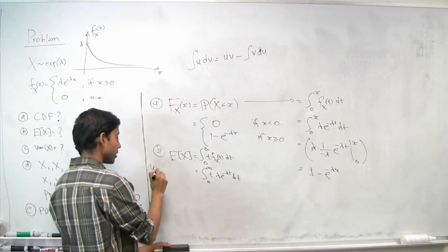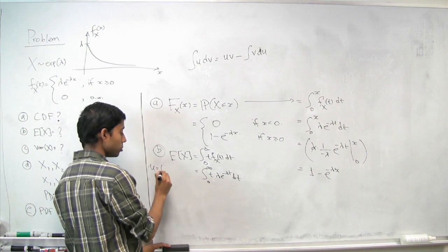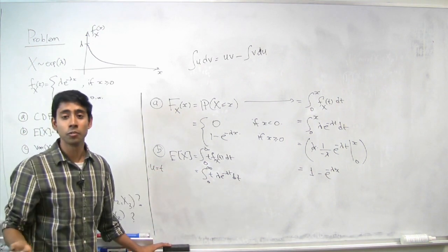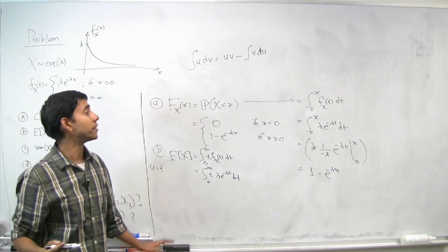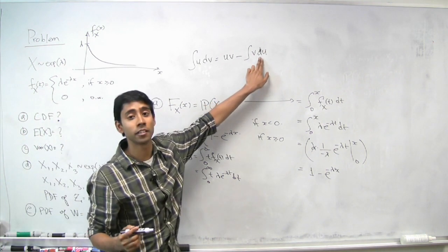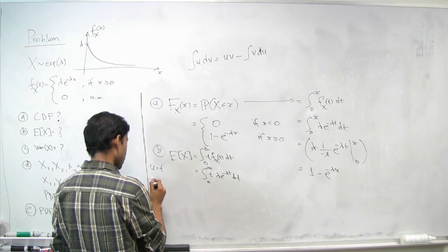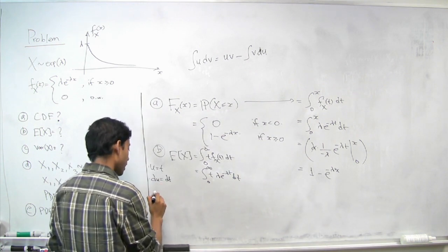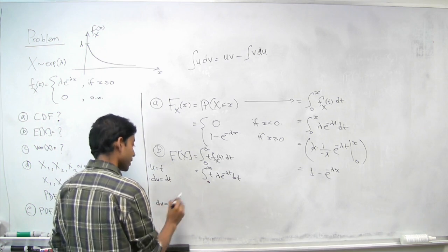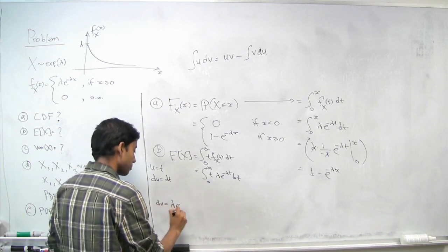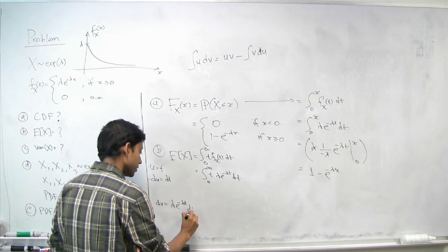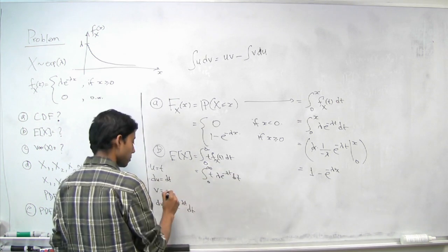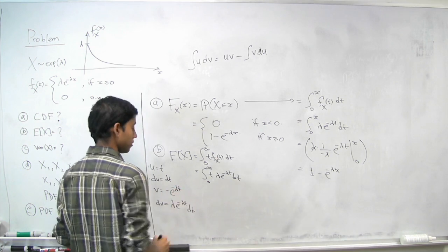In our case, I'm going to use t for u, because when you take the derivative, it's going to become 1. So this is going to be dt for du. And then dv, I'm going to select as whatever is left over. It's lambda e to the minus lambda t dt. So v is going to be, since we already did the integral, minus e to the minus lambda t.